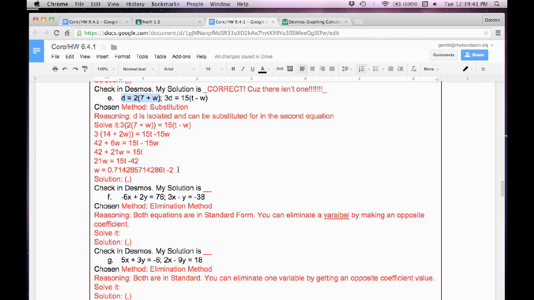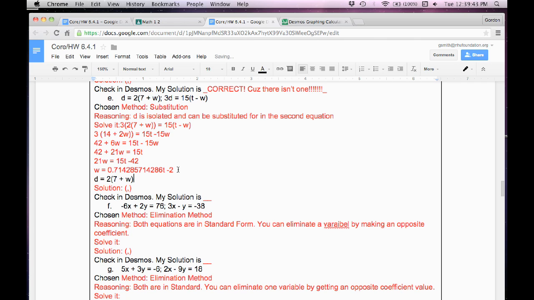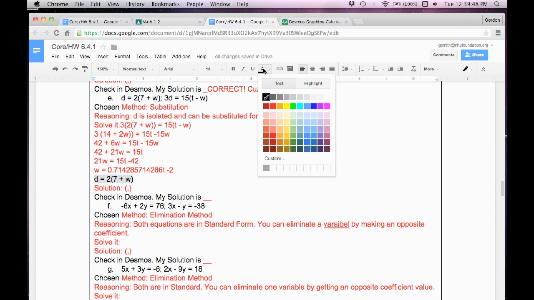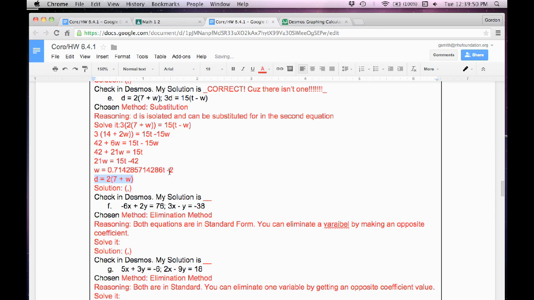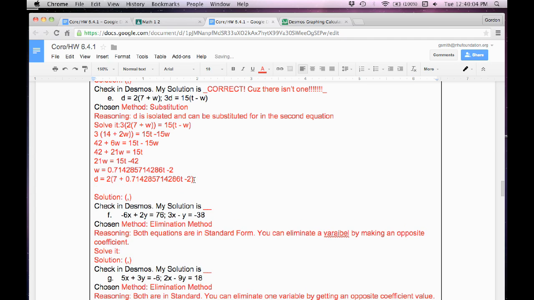So we take that, and then we're going to replace W with this crazy madness. All right. As you can see, the 7 and the minus 2 will combine to make 5. So we'll rewrite it as D is equal to 2 parentheses.